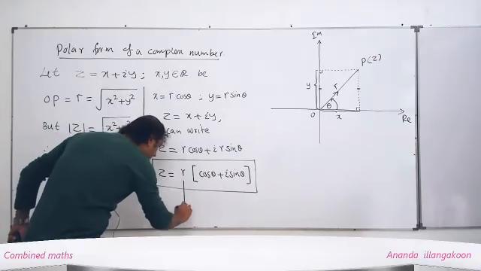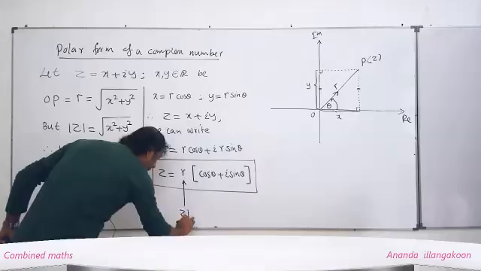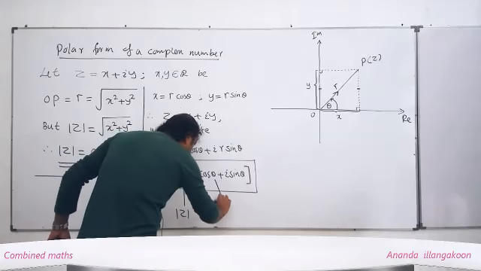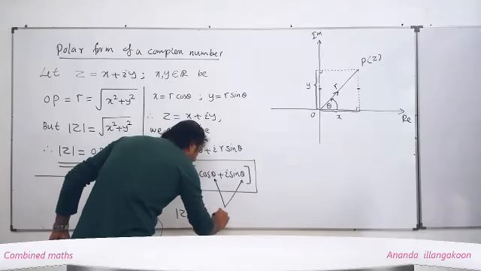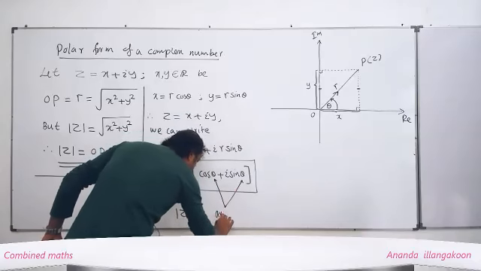What is this r, people? Mod of z. What is this theta here? And this, arg of z.